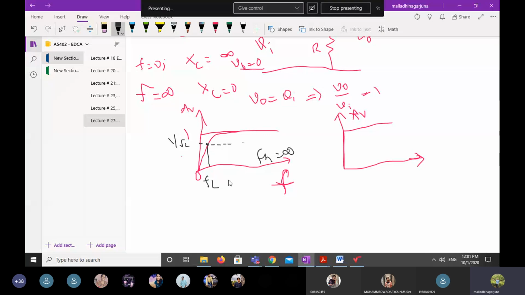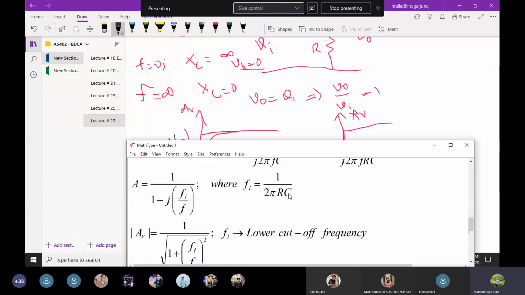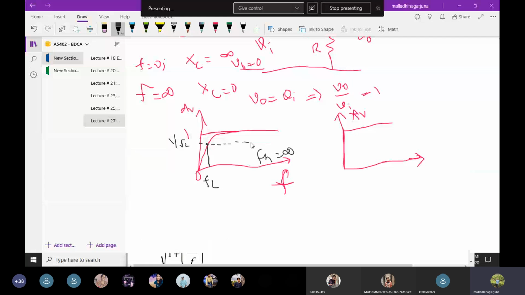FH is infinity because both are going in parallel and not touching anywhere. The lower cutoff frequency is 1 by 2 pi RC.